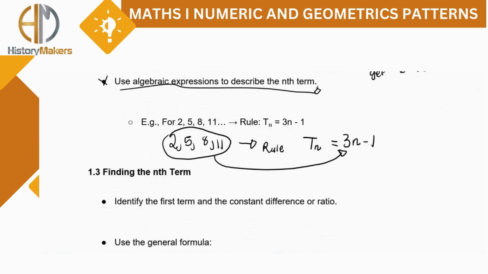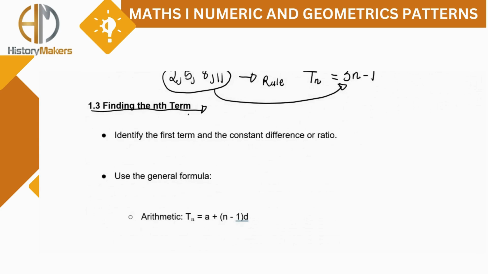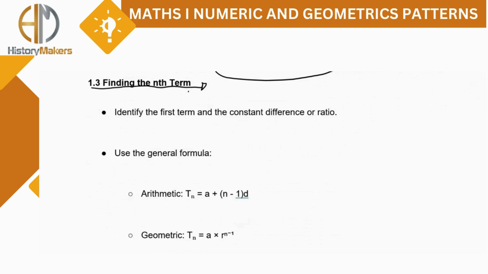So now let us learn how to find the nth term, because this is confusing. But now we are going to learn how to determine this so it becomes less confusing and eventually it doesn't become confusing at all. To find the nth term, you first have to identify the first term and the constant difference or ratio.